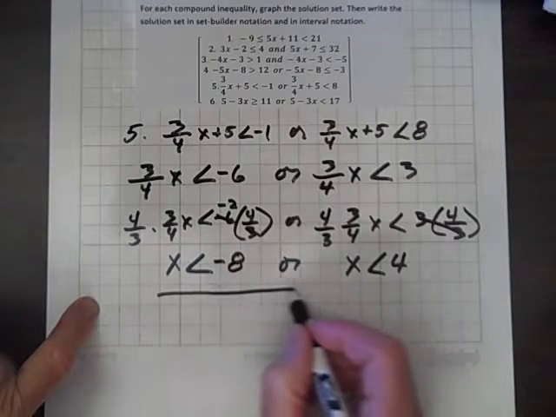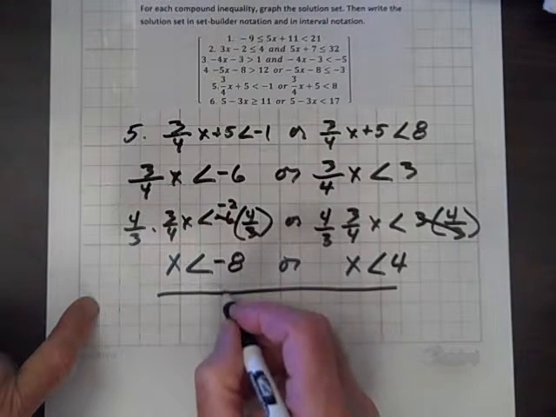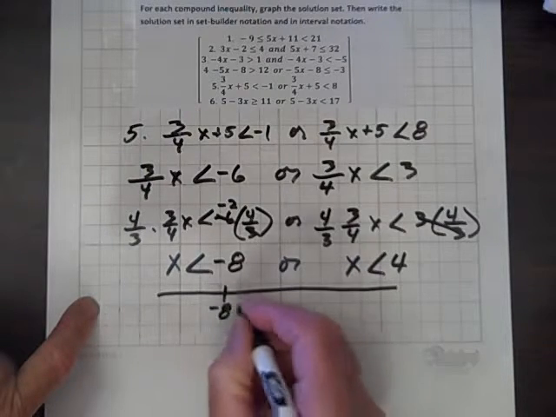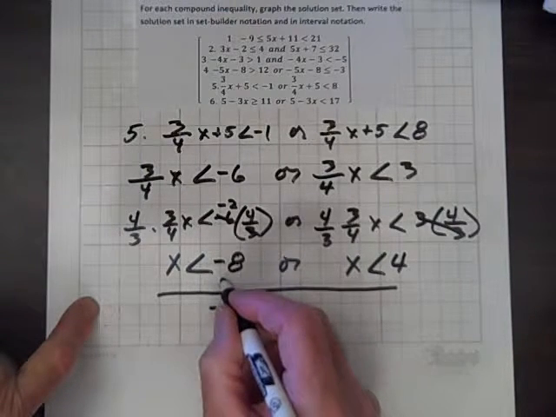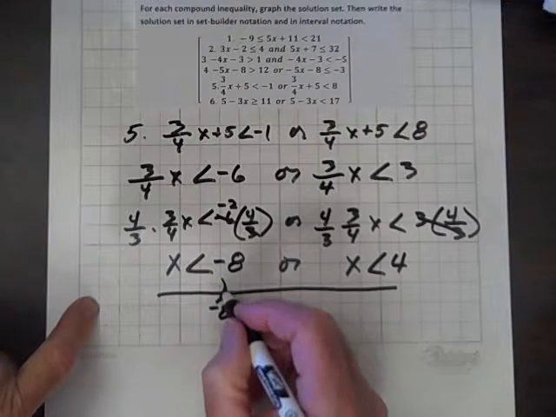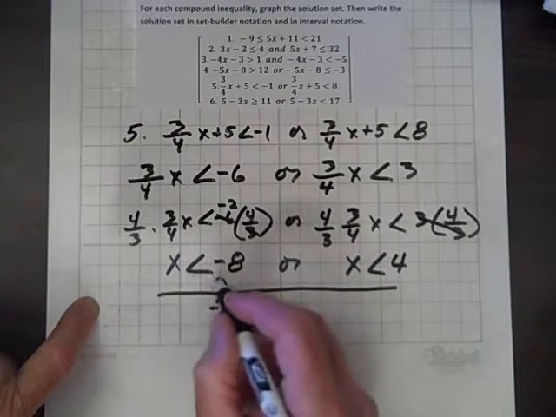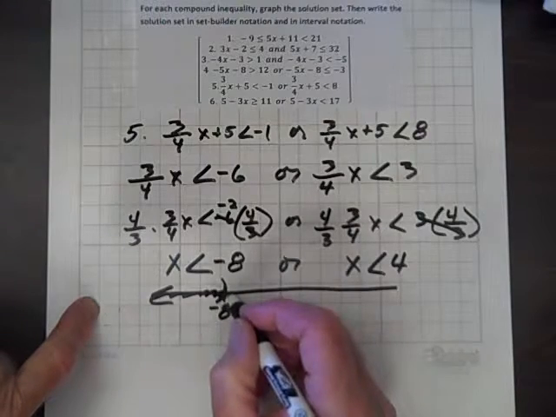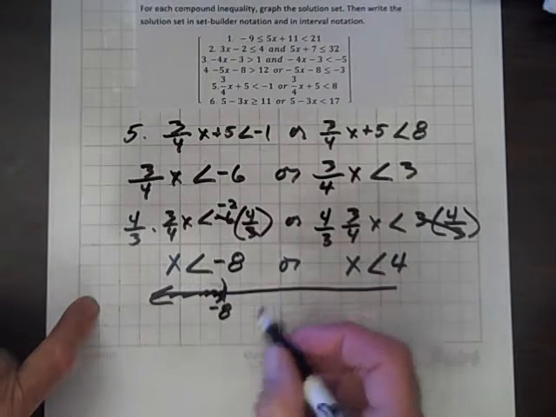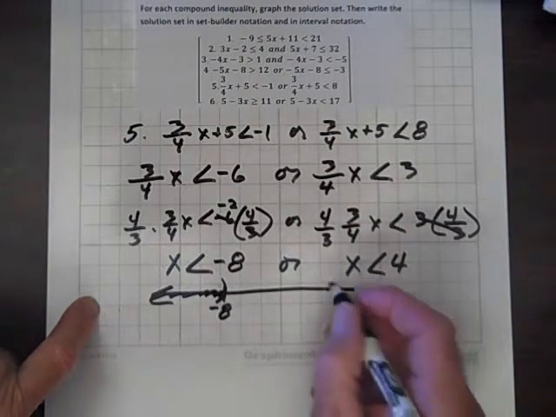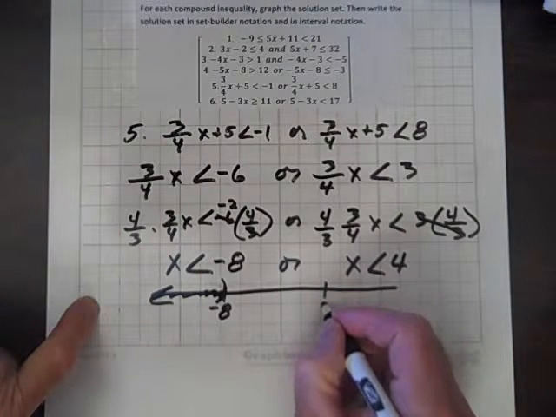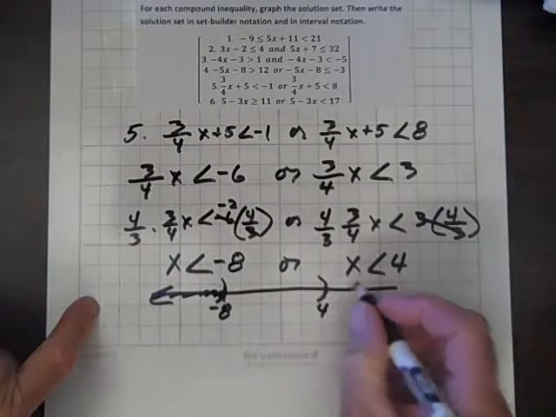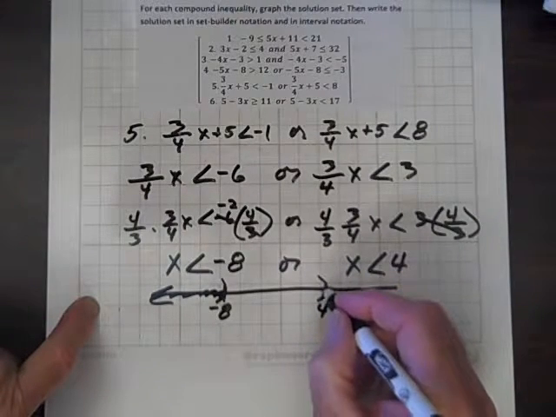So on a number line, we've got a hash mark at negative 8, and no equal sign associated with this inequality, so we'll put a parenthesis and graph everything to the left of negative 8. Relative to 4, we'll put another hash mark and put a parenthesis, and we'll graph everything to the left of 4.